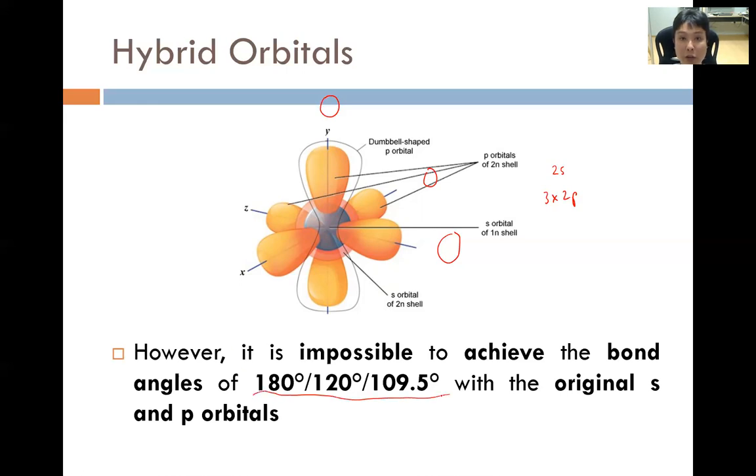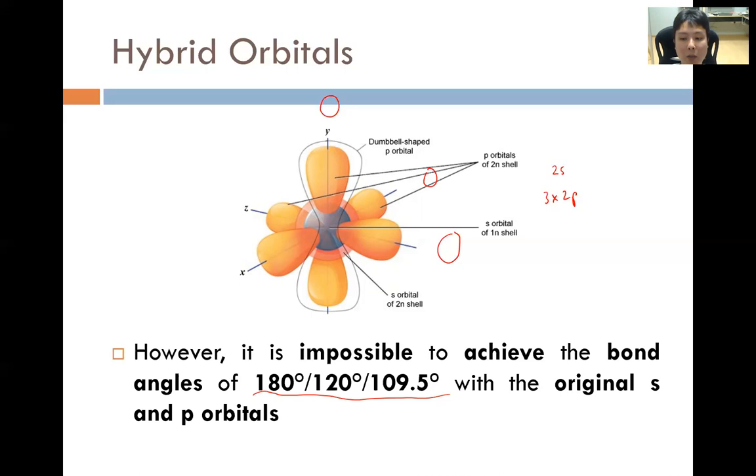So the solution is to take the s orbital and some p orbitals, break them down like plasticine, and remold them into a new set of orbitals that point in the correct orientation, such that when they overlap, they create the correct bond angles of 180, 120, or 109.5 degrees.